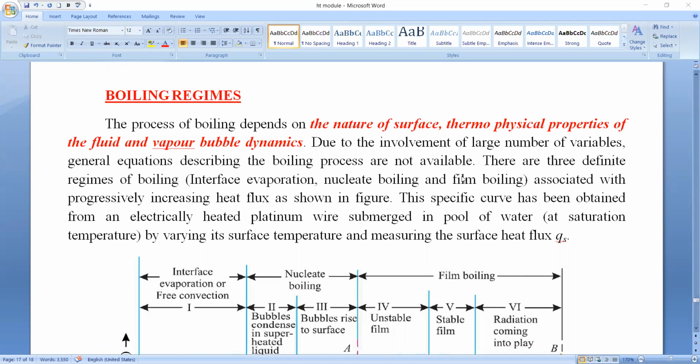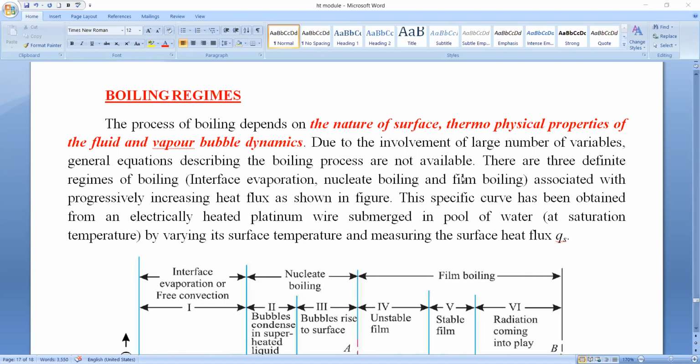In lecture number 1, we have seen the introduction to boiling and condensation. In that we have studied the definition of boiling and the different forms of boiling. Basically there are 4 forms of boiling.